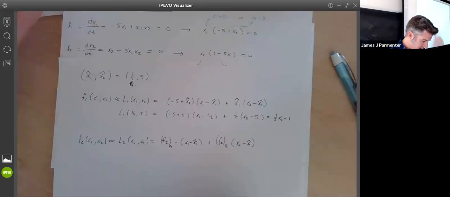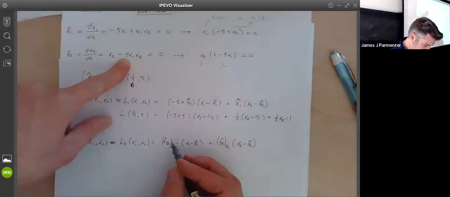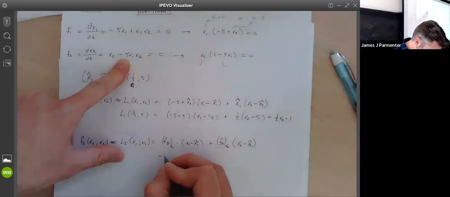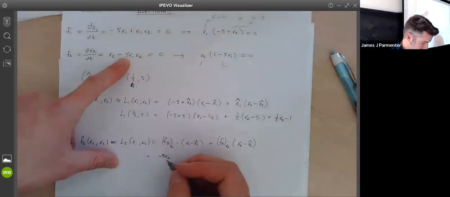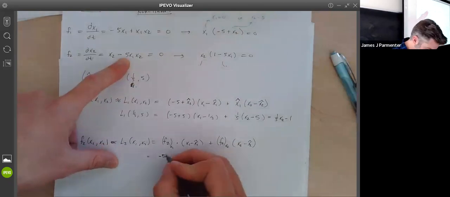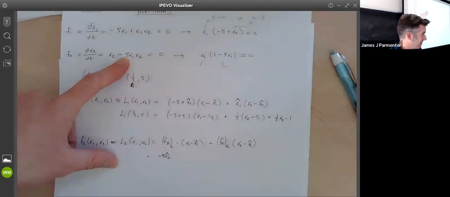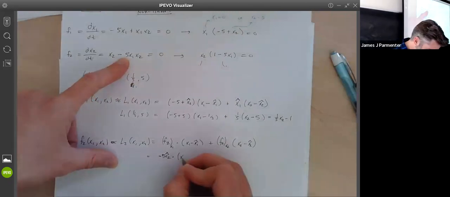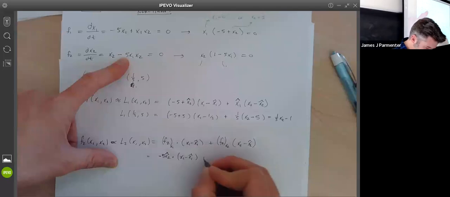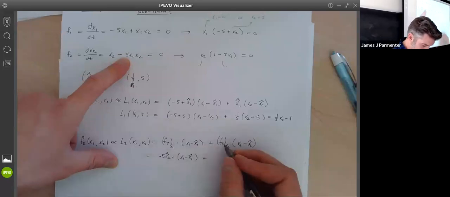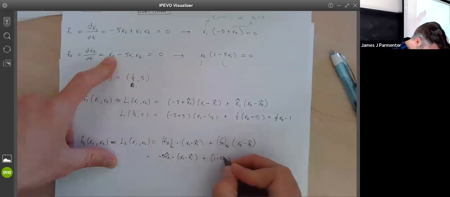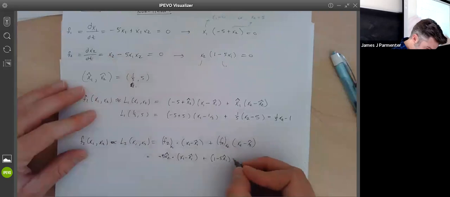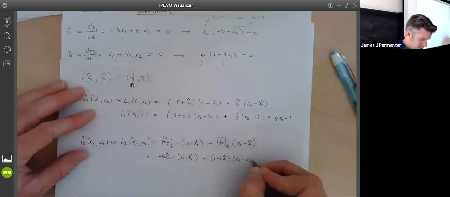The partial of f2 with respect to x1 is -5x2. And really, I'm going to be plugging in the equilibrium there. So it's -5x2 hat times x1 minus x1 hat plus, now this partial with respect to x2 is going to be 1 minus 5x1, but I'm going to plug in the equilibrium. So it's really x1 hat times x2 minus x2 hat.